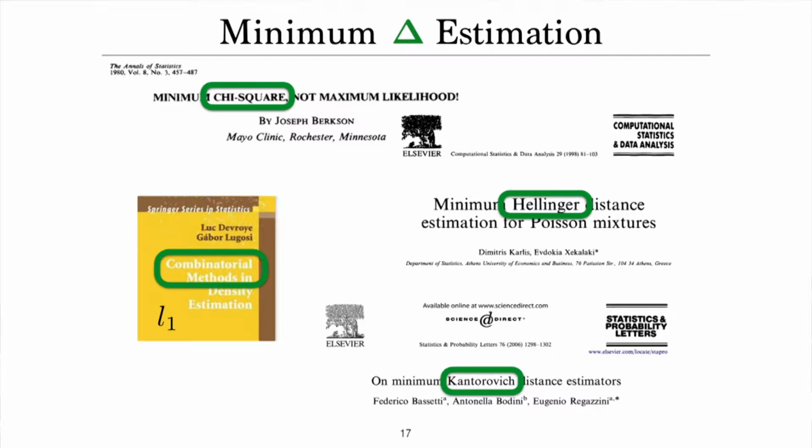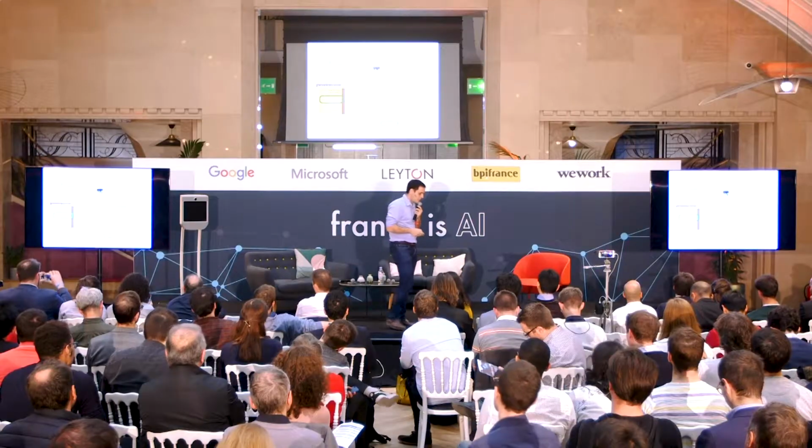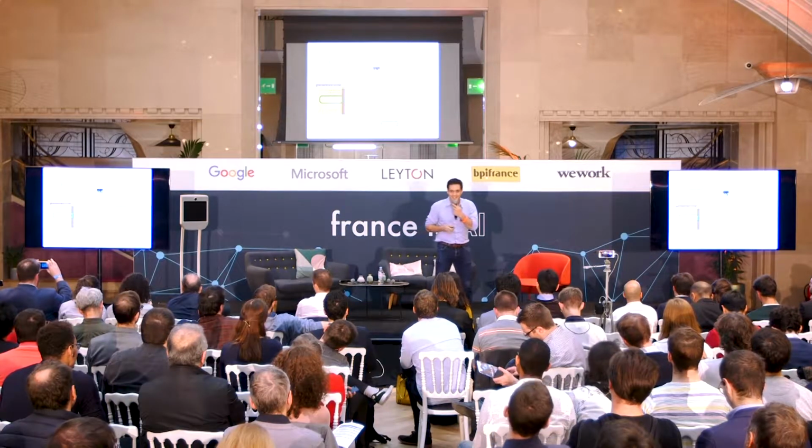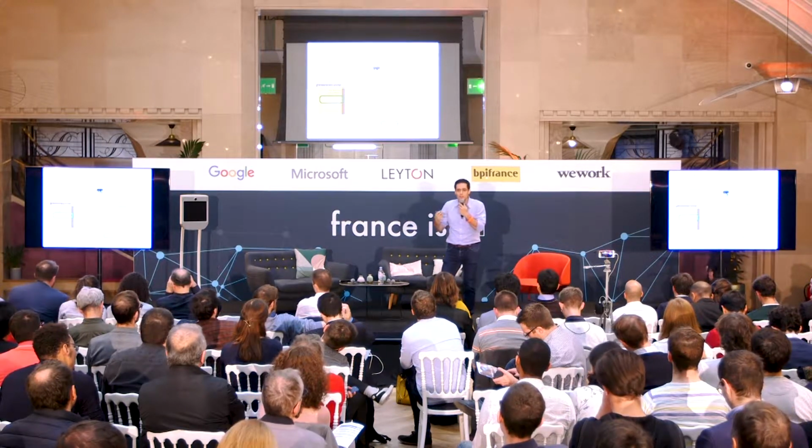If you look back at statistics in the 80s or 90s, you had some very strongly worded papers that were saying, no, you shouldn't do maximum likelihood, you should do this or that kind of metric estimation. So I'm not going to discuss all of those past approaches. I'm going to talk about the one that I'm interested in. For many reasons that I don't have the time to describe now, I think it's the good one.